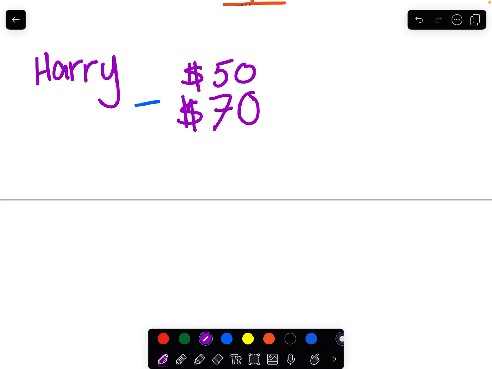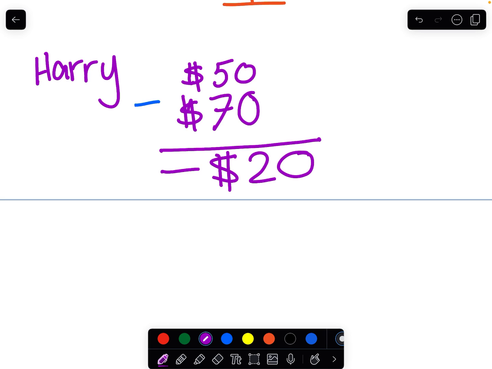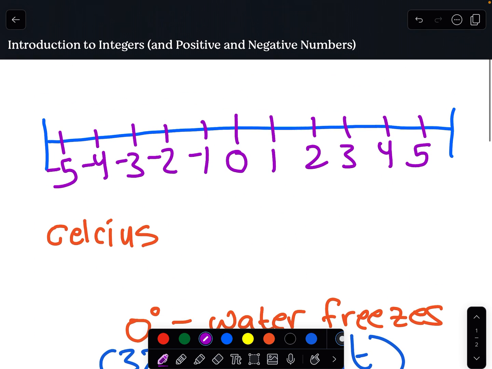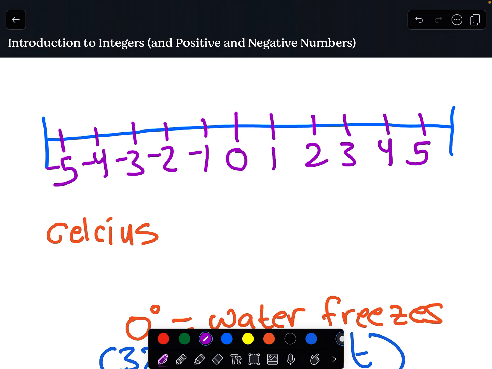Well, as you can see, he has spent more than he has in his bank account, but banks don't care. So they will actually show that his account has negative $20 in it. Then Harry will check his bank statement. He'll see that he has negative $20 and he'll say, oh, I better deposit some money in there right away because I am in the negative zone. So those are just a few ways that we work with negative numbers.